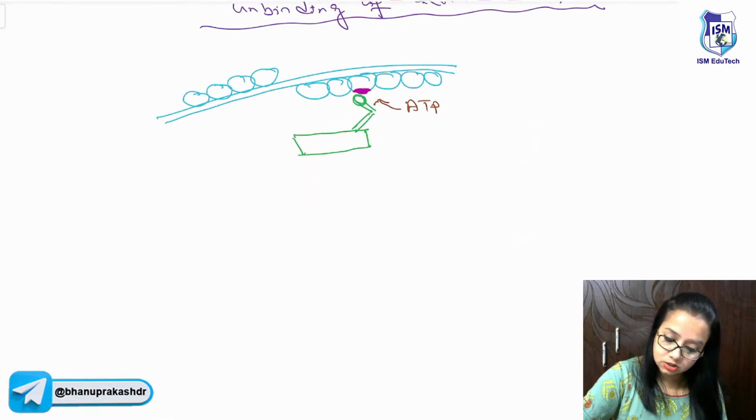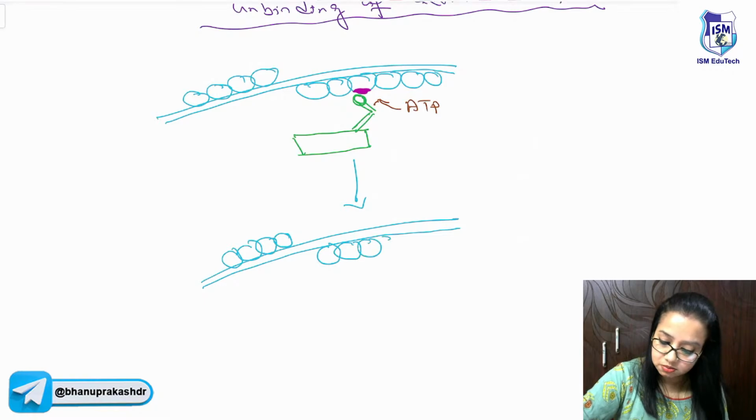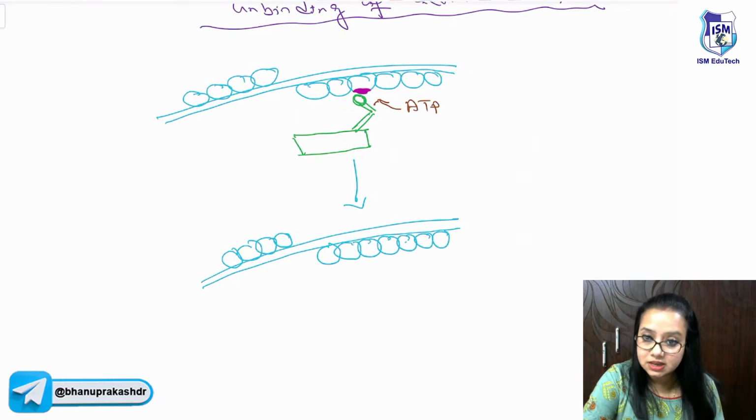As soon as one ATP molecule binds on the myosin head, it will make the myosin head powerless.